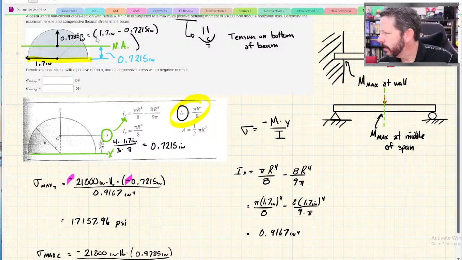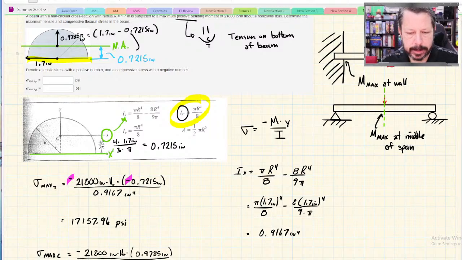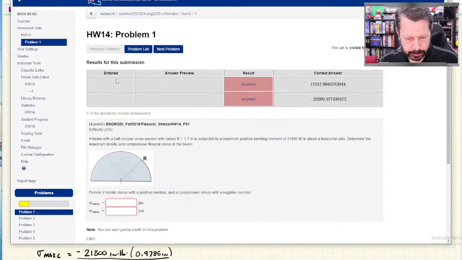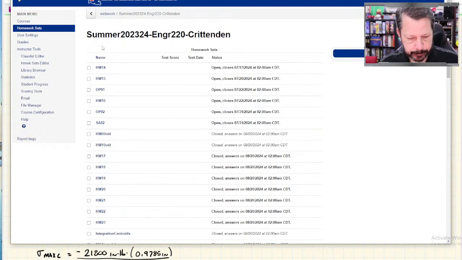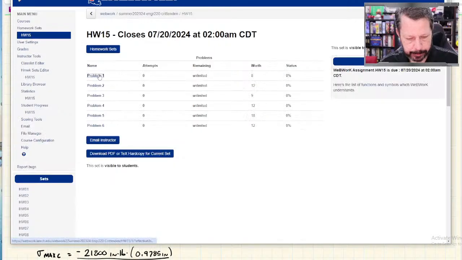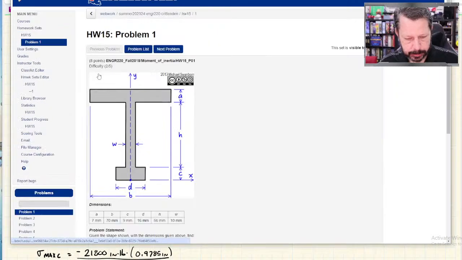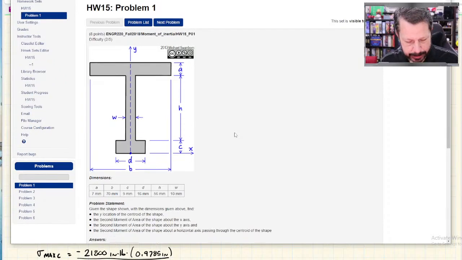Let's see, so 15.1. Let's look at that. The design of beams topic is actually pretty lightweight, so it's fine to do some of this stuff first. Let's see, this is 14. Let's go to 15. Okay, so this one's got a fabricated T shape.